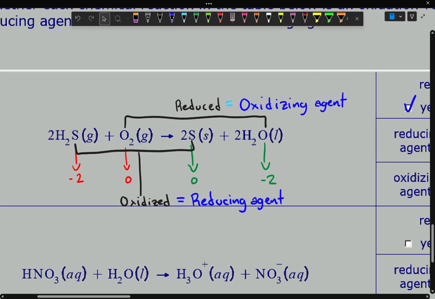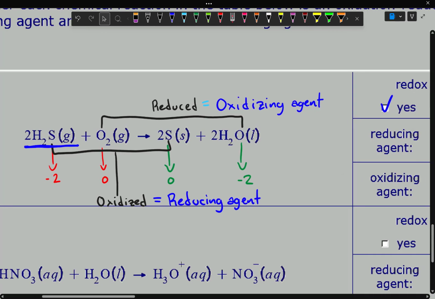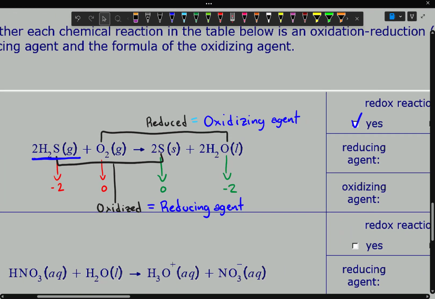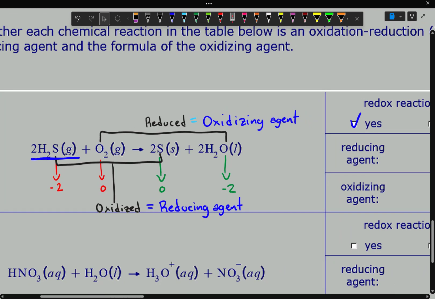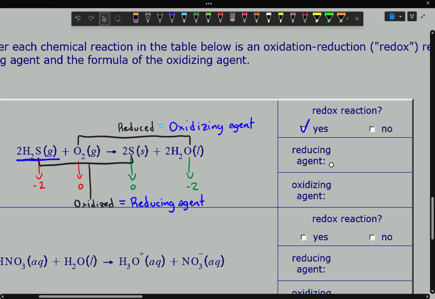So, sulfur in this case is being oxidized. So, if we look at the left-hand side of the equation, we see that the thing doing the oxidization is going to be H2S, meaning this is going to be our reducing agent.